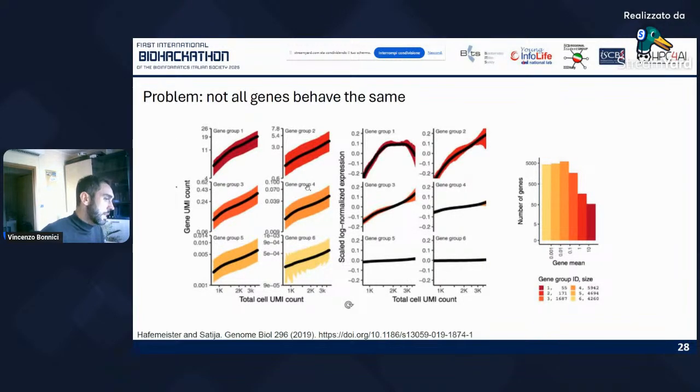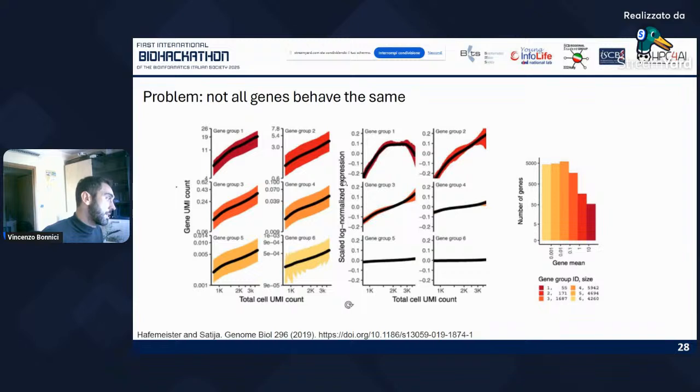Okay. You may also want to take into account the fact that the behavior of the genes, so the expression of the genes, is not always the same depending on the total number of UMIs that you have in your experiment, so the number of cells that you loaded, and so forth.